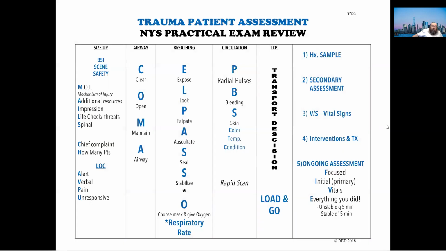Okay, so how do we put it all together? I made this chart in about 2005, and then the state decided to change things around, so I redid it. This is the latest one. It's been the same since 2018.